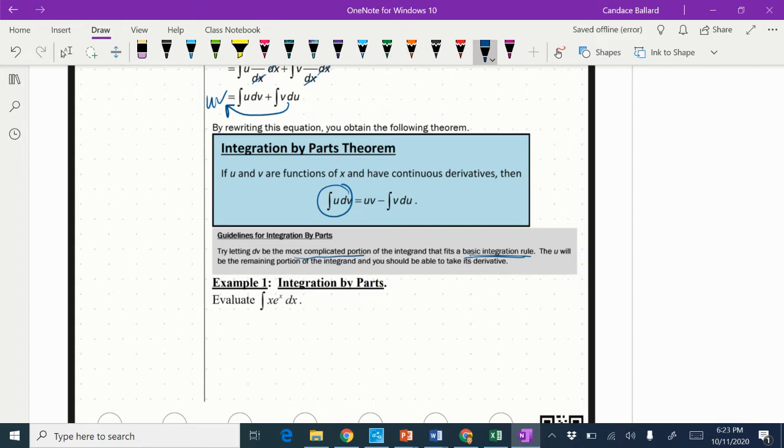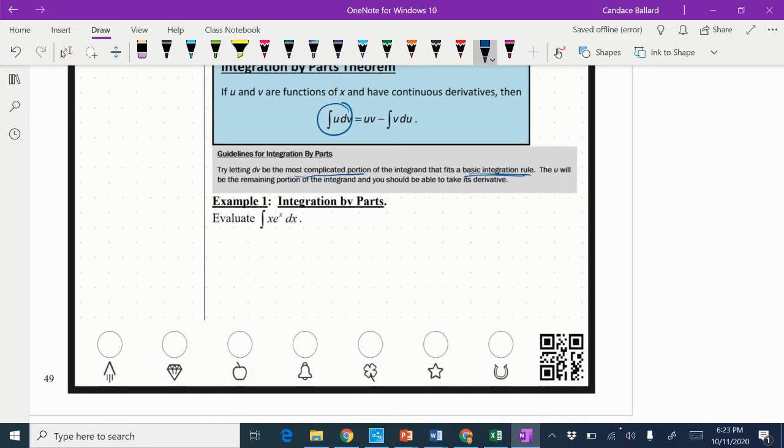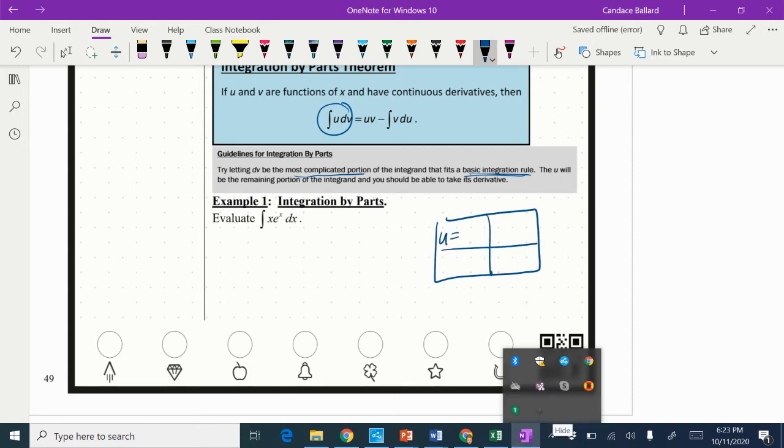So I typically will draw a box over here for my u and my v. I'm going to decide what u equals and what v equals, and also what du is and what dv is. So I kind of fill that in. I probably should have written it just a little bit bigger. So I want my dv to be the most complicated portion.